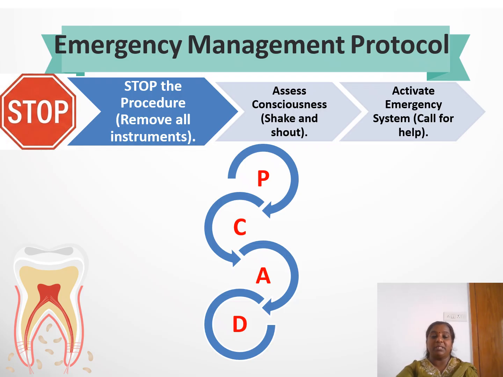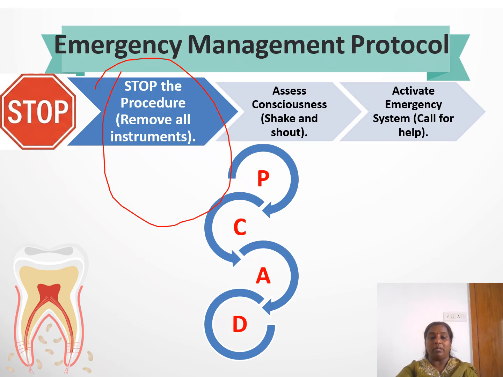So, what is the emergency management protocol? Once we know the patient has got syncope and has fainted, stop the procedure immediately. Remove all the instruments from the area where the patient has fainted because they may get accidentally injured.